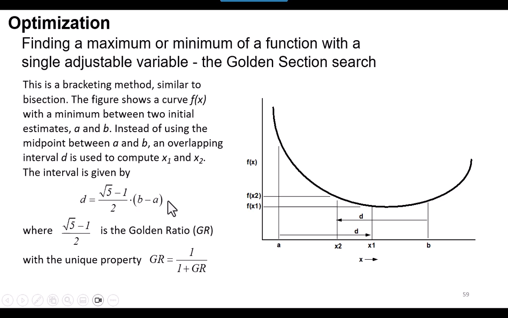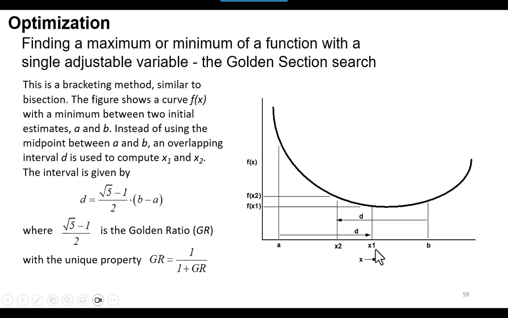Golden ratio shows up in all kinds of different areas, such as architecture and nature, etc., as the limiting value of the Fibonacci sequence. And so this is a value of about 0.6. We're going to take the interval b minus a, and we're going to multiply it by about 0.6 or 0.62 and get a distance d.